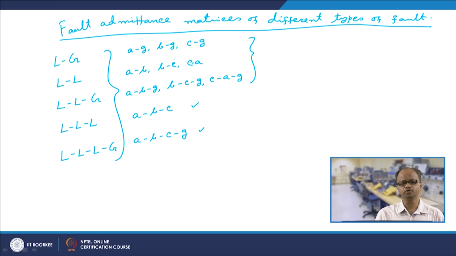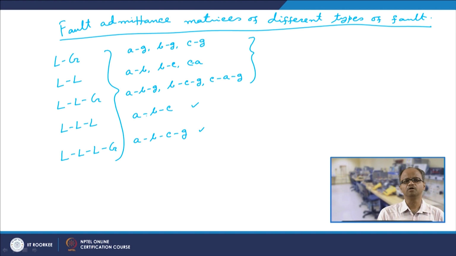If we know how to find out the fault admittance matrix for a particular type of fault in any set, for example, if I know how to find it for fault AG, then immediately you would know how to find the fault admittance matrix for faults BG and CG.